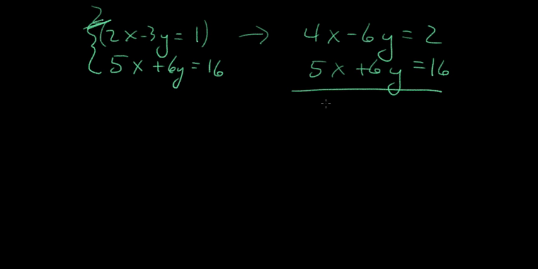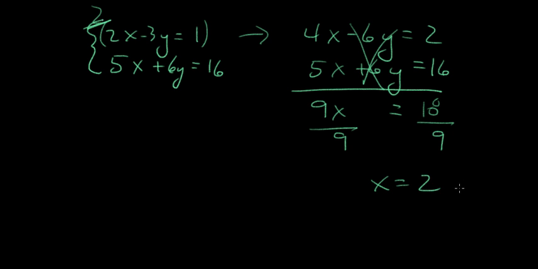And so here I've got 4 and 5 is 9x. These two cancel, equals 16 and 2 is 18. And folks, it just doesn't get any easier or prettier than this. x equals 2. 18 over 9 is 2. So if x equals 2, I'm going to use the first one because it's easier, it's smaller numbers.